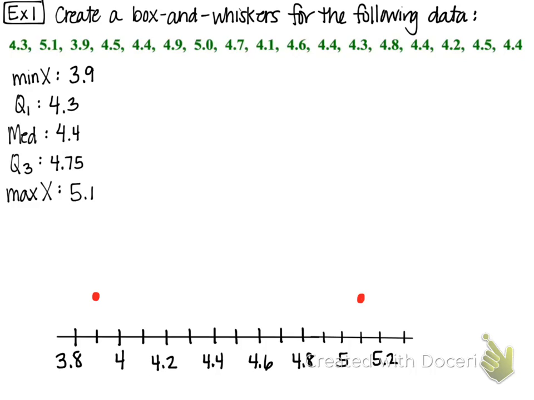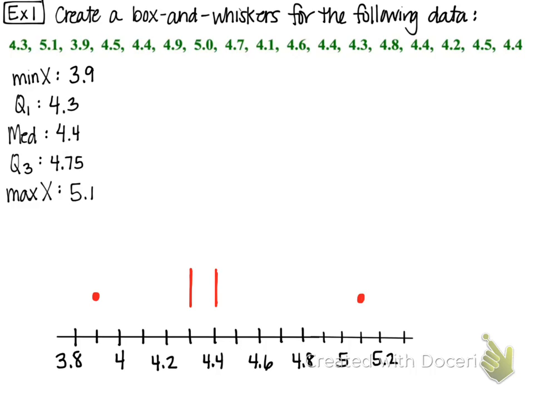So now we need to find our Q1, so our lower quartile, which is 4.3. And above 4.3, we're going to create a line. And then also above our median, which is 4.4, we're going to create a line. And also above our quartile 3, our upper quartile, above 4.75.